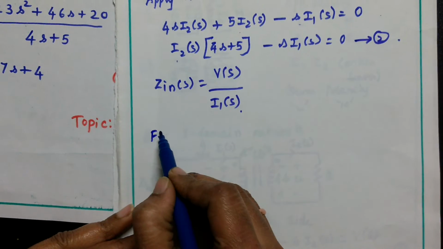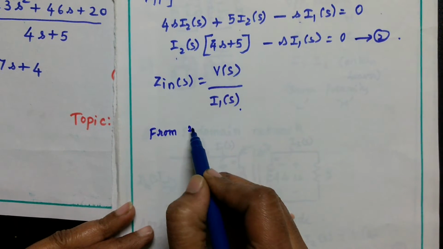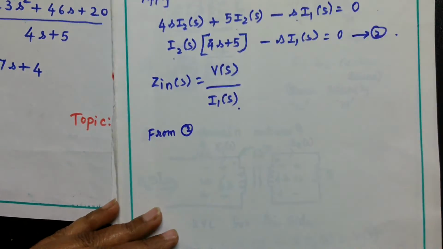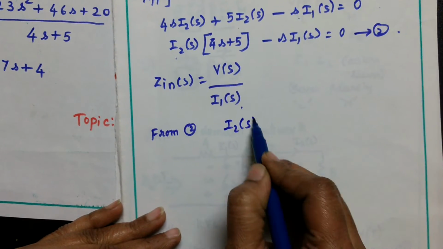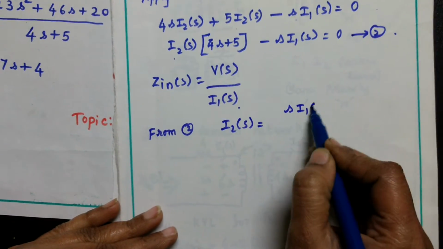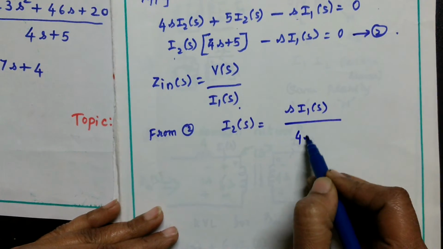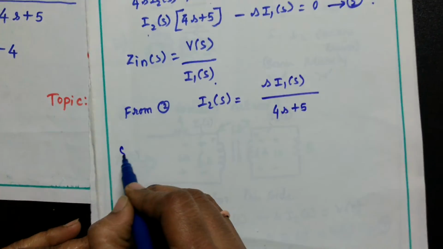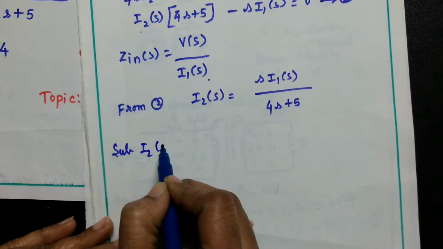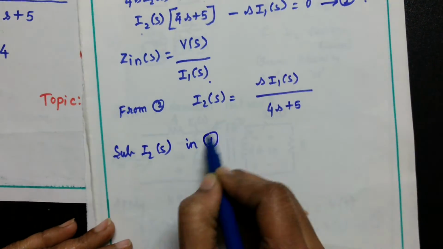So from 2 we are eliminating I2 of S. So I2 of S equal to S into I1 of S by 4S plus 5. Now substituting I2 of S in the first equation.